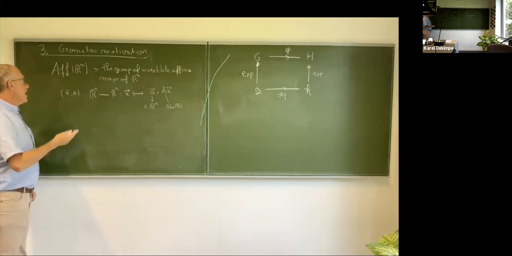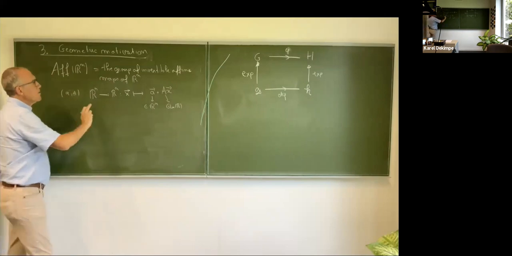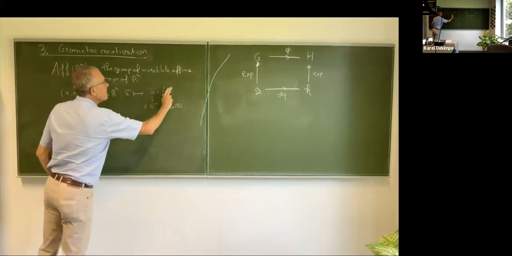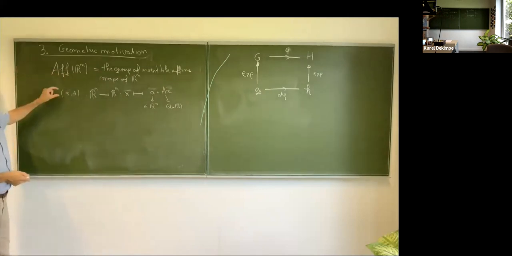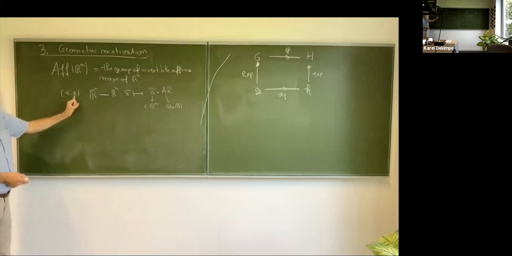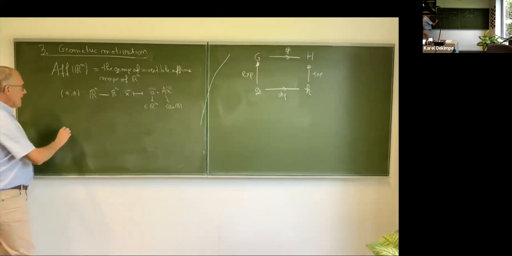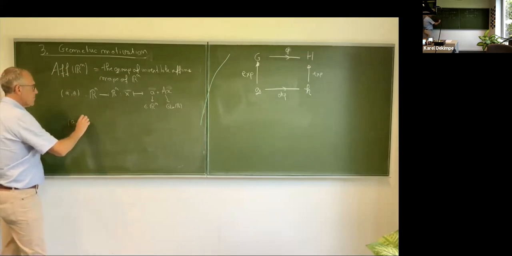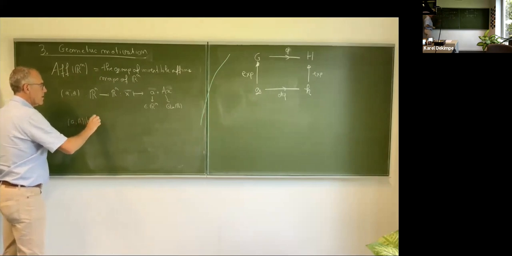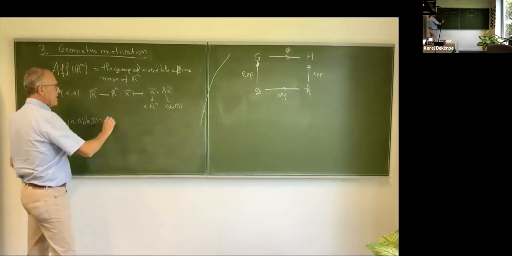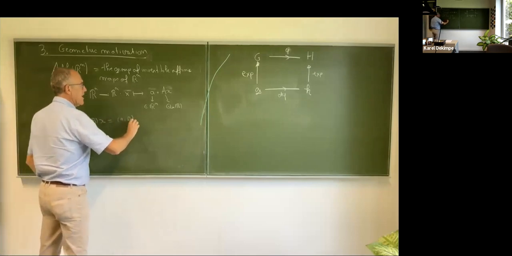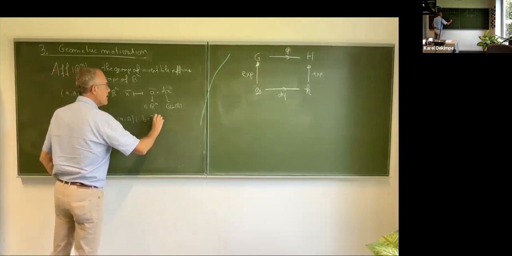Because I'm a little bit lazy, I will no longer write these arrows above the vectors, but you know that I mean that this is a vector. So elements of the affine group are tuples, an element of Rn and an element which is an invertible matrix. Now, if we multiply two such elements, this should be the composition of two maps. If you see what happens on the element x, this is a plus A applied to (b plus Bx).